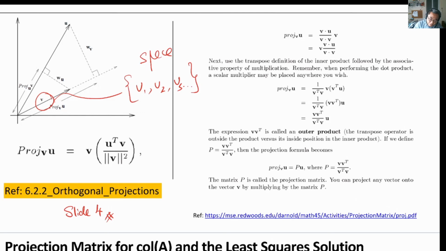And in fact, you'll realize that these few vectors, we have collected them together and call it A. So we have v1 here, v2 here, and vn here. A collection of vectors, independent, forming a basis, and we are interested to project another vector on the column space of A.